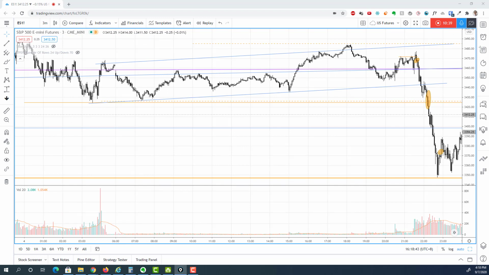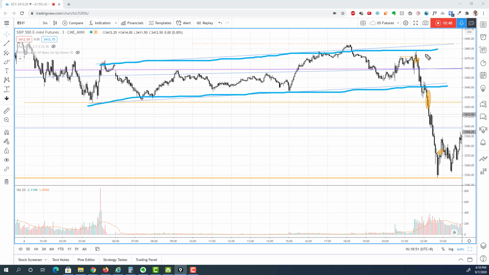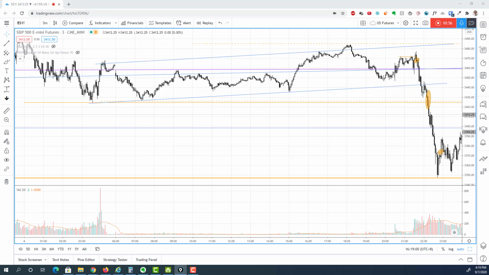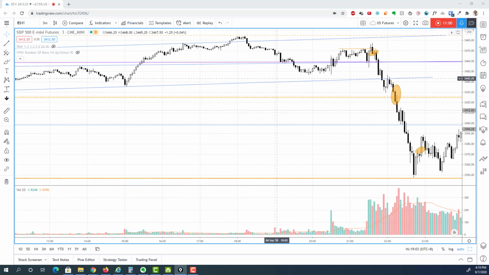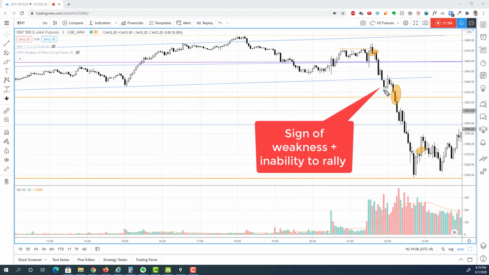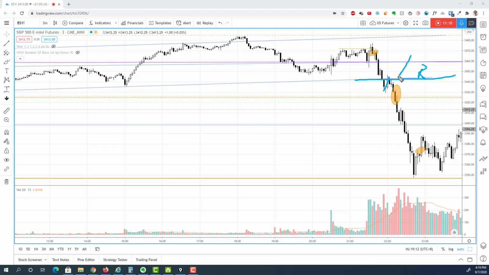If you zoom out and look at the bigger picture here, we have this kind of upsloping trading range, and here comes the breakdown, forming a sign of weakness. Most importantly is the inability to rally up. It actually had a rally, tested this resistance level, and immediately we have a reversal. If we take a look at this localized swing low, then definitely this bar here is the breakout bar.